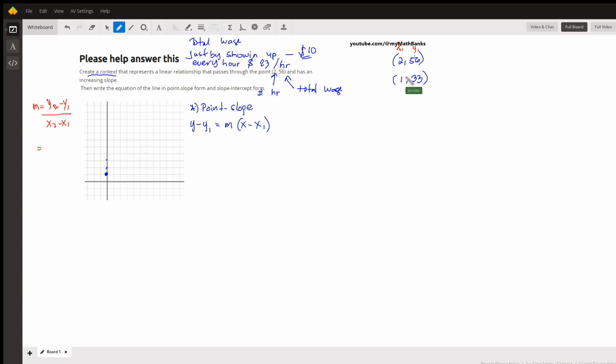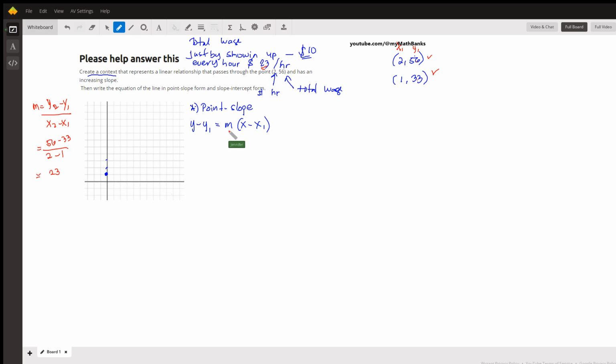So now that I have my points, I'm going to do 56 minus 33 over 2 minus 1, and that's going to give me 23. Okay, so that means you get paid $23 per hour, which you already know. That is your slope.